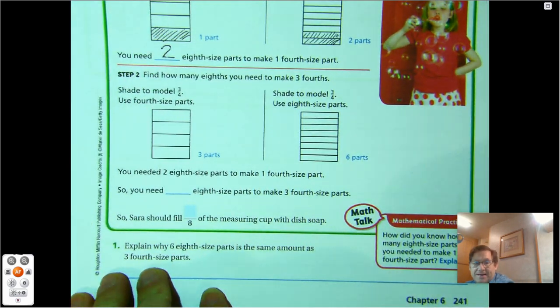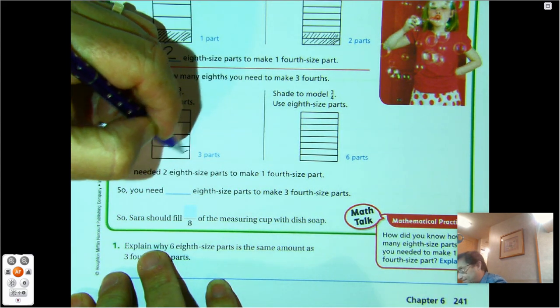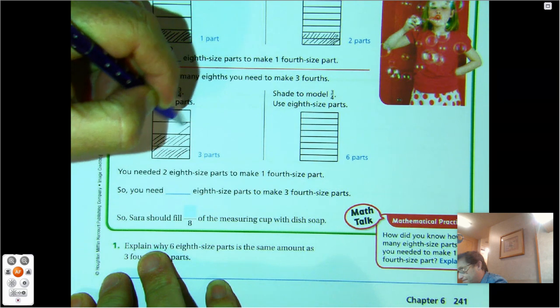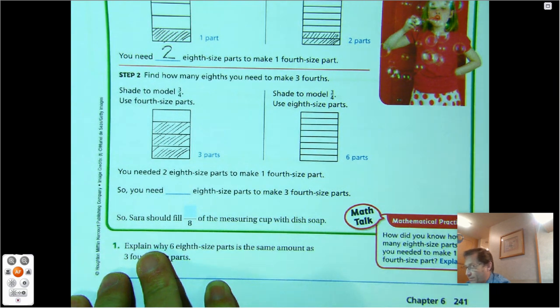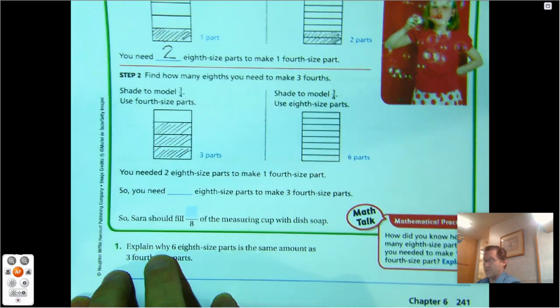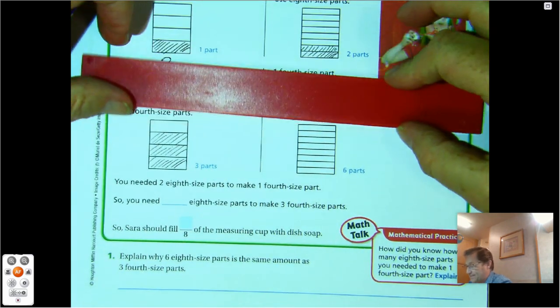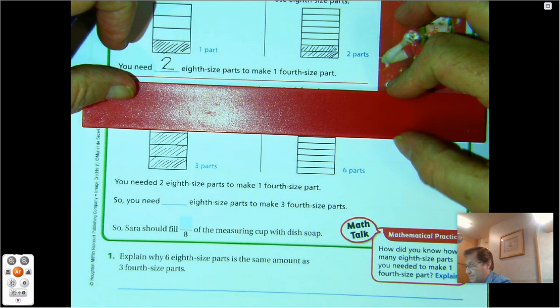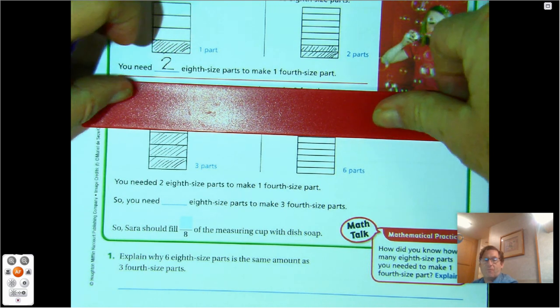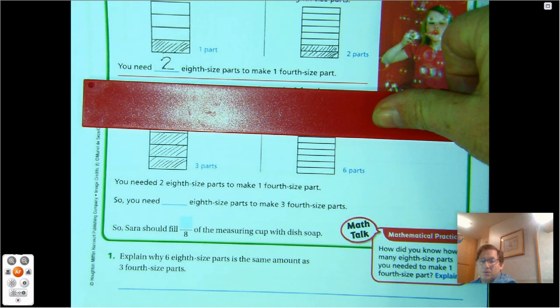Now we're going to shade 3/4. So we have 3/4. And now we're going to model 3/4 using eighth size pieces. And remember, for every fourth, it takes 2 eighth size parts.